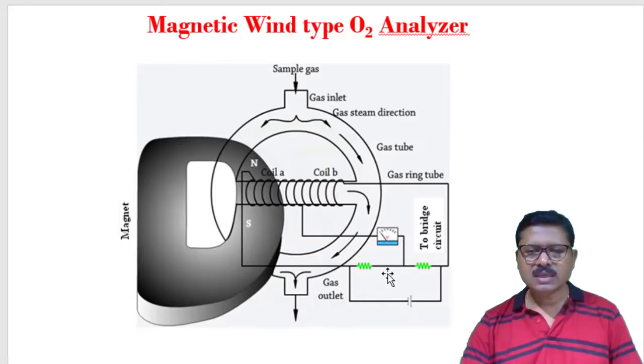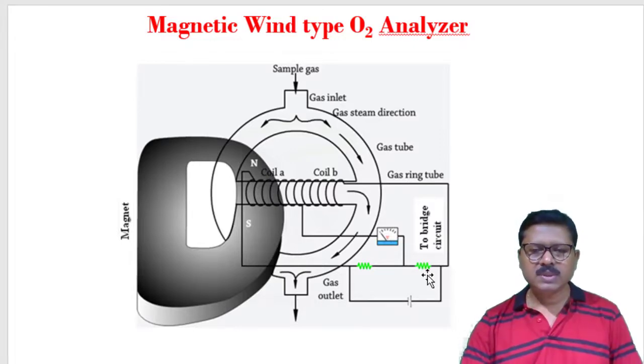This is another resistance, this is another resistance. So this arrangement forms a Wheatstone bridge, and the four arms of this Wheatstone bridge are: this portion of the coil is one arm, this portion of the coil is another arm, this resistance is one arm, and this resistance is one arm.